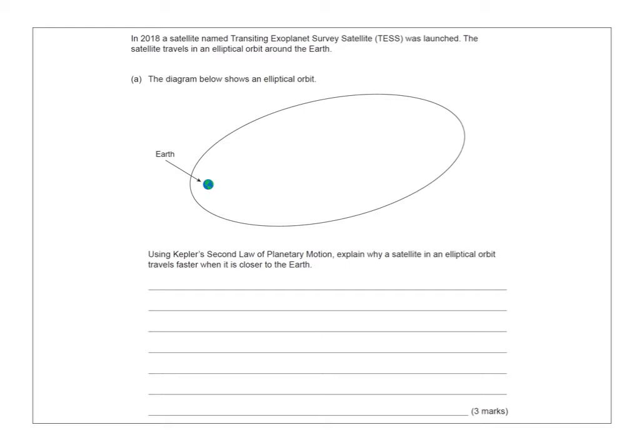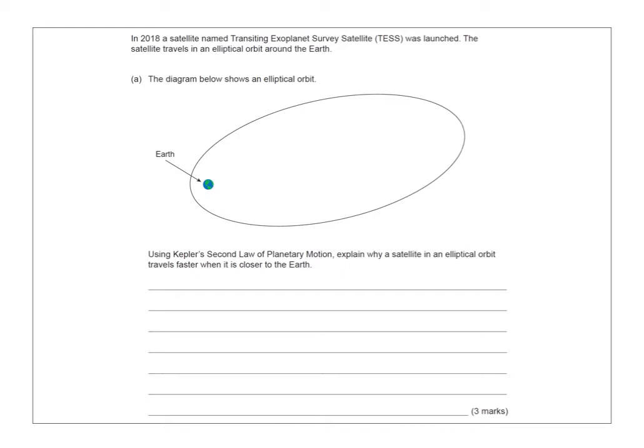When we get asked to use Kepler's second law to explain something, a really good starting point is to state what the law is so that we clearly understand which law we're using, and then briefly describe how it applies to this situation.